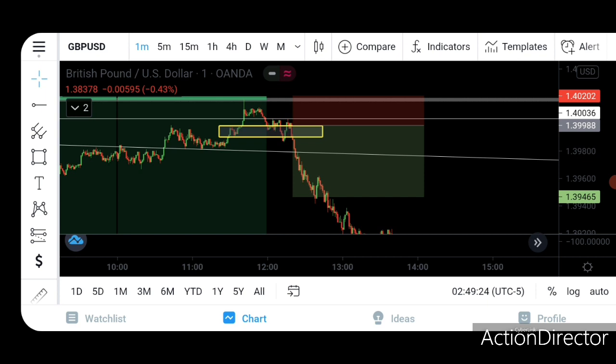And you can see what I've annotated is there was a 20 pip stop. If you were to place your stop at the high, you could have had a 20 pip stop, but you can also see you could have even just traded the 1 minute order block that actually broke market structure, and then you would have had an even smaller stop loss.